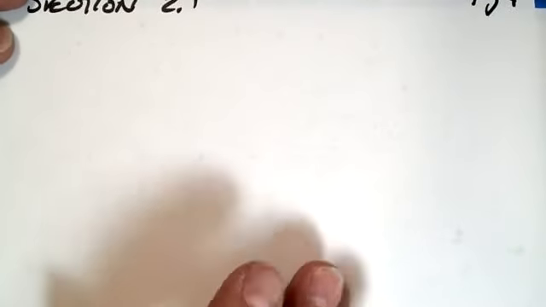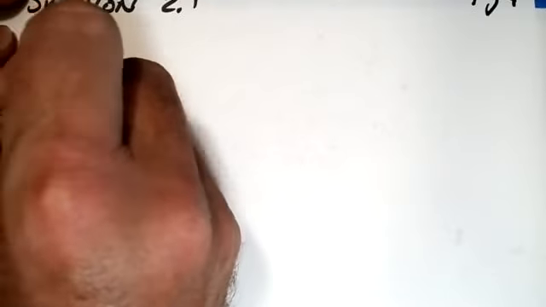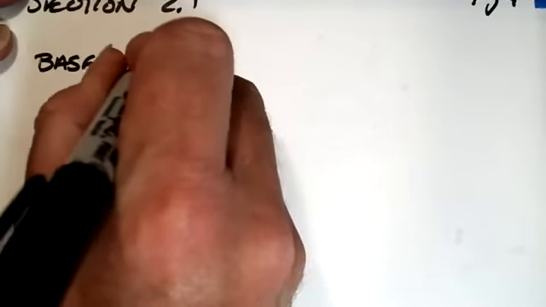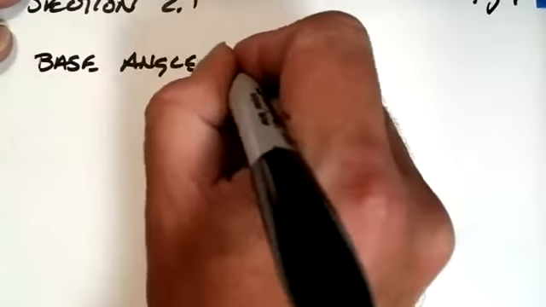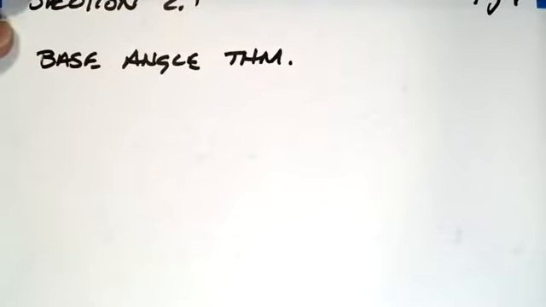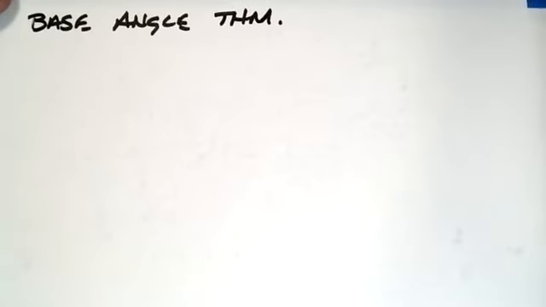So before I do this, I want to do something called the base angle theorem. And I'm going to do it without proof. I mean, it might be worth it, I'm not so sure. These videos can get kind of long, but basically, here's the idea.